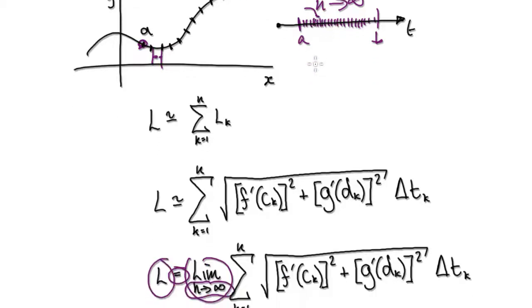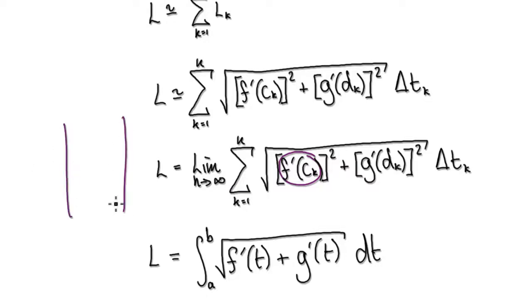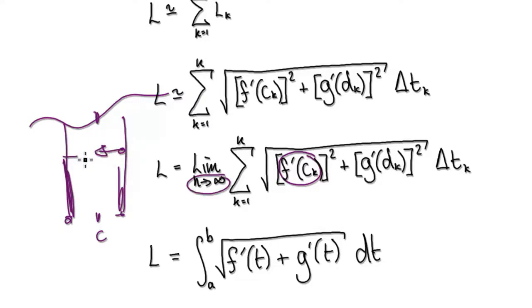So when you take the limit as n tends to infinity, this thing here, remember there exists a c somewhere in between here and here. But then as you take the limit as n tends to infinity, the width will get smaller and smaller, so it becomes the derivative of the function itself.